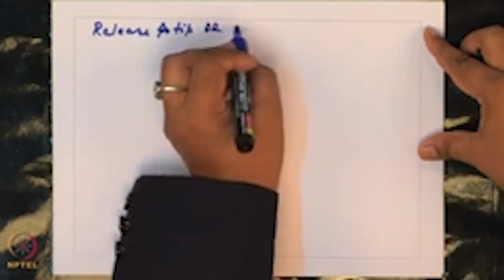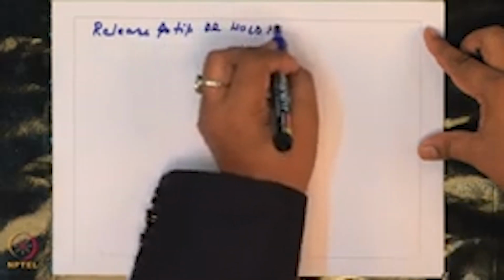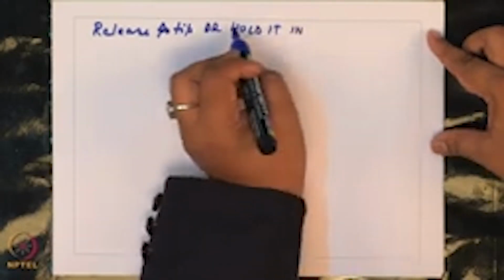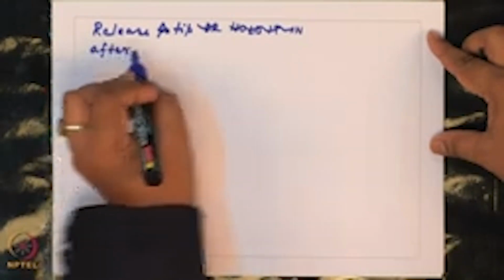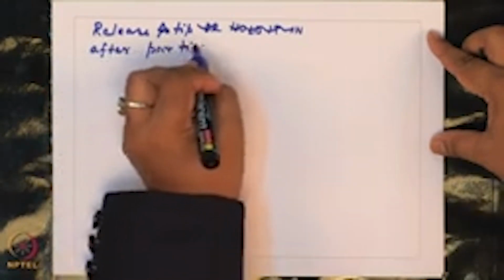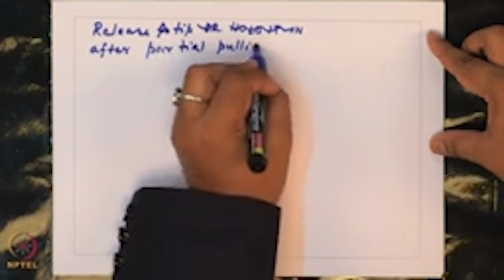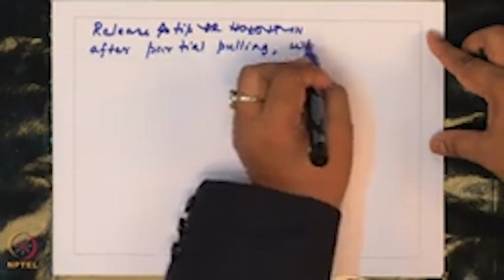What if a cell is exerting so much force that the entire protein unfolds? Will that be the end of function of that protein or not? What has been observed is there is another aspect, and you can do that. If you release the tip or hold it in one position after partial pulling, what will you see?